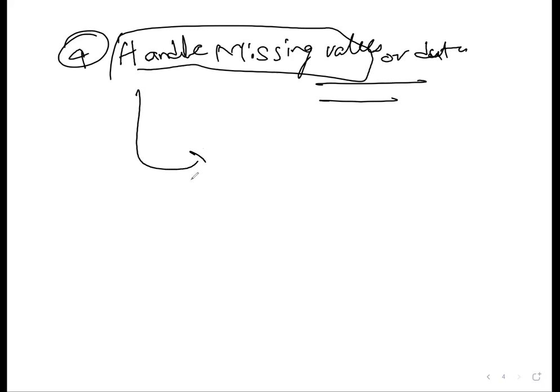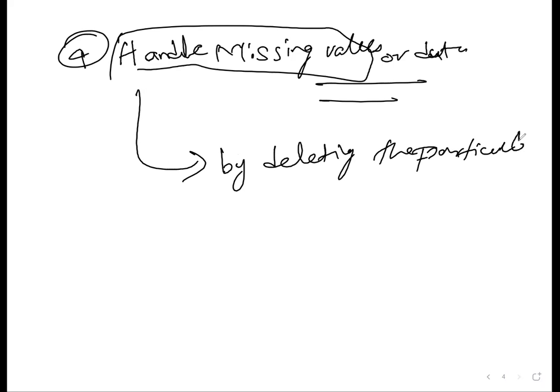The first way is by deleting the particular row. This is the very first and most common method to deal with null values.